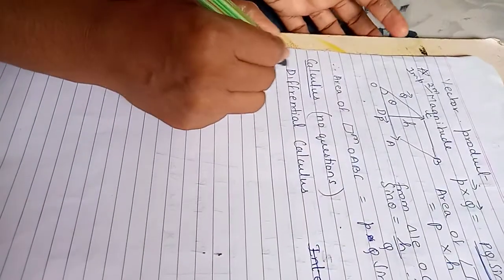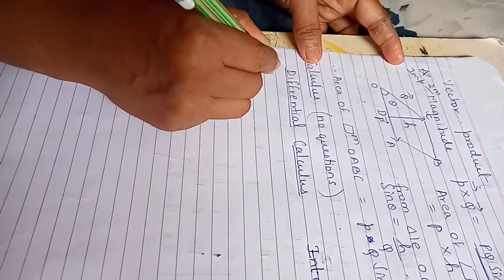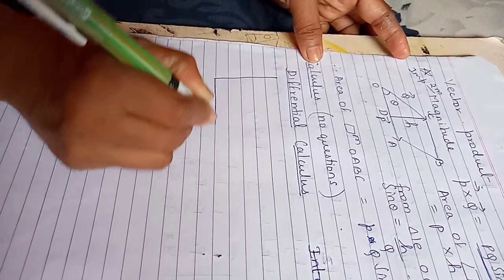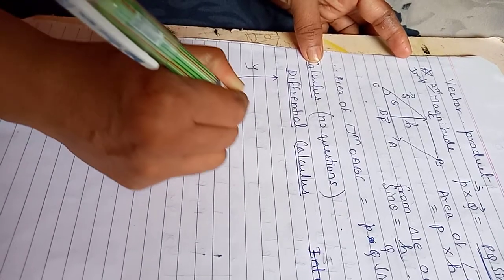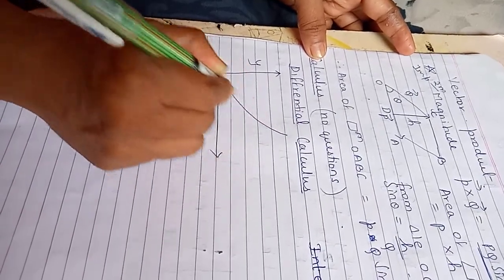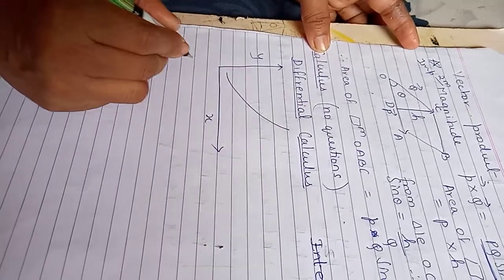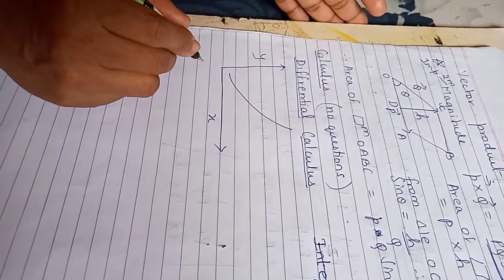Now, what is this differential calculus? We are going to take two coordinate axes, x and y axis. This is a curve which shows the variation of y with respect to x.